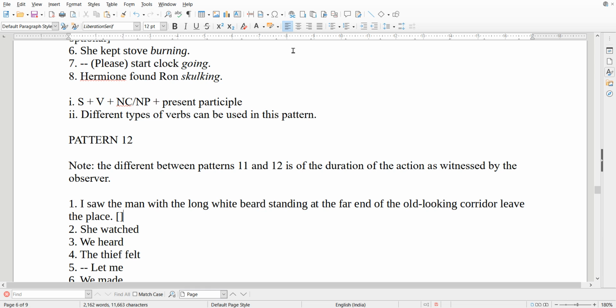The observer was sitting in a high tower, so he could observe the action for its entire duration.